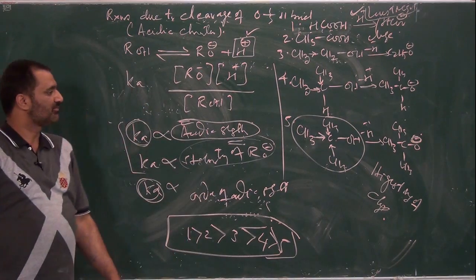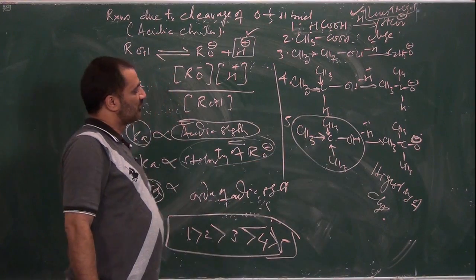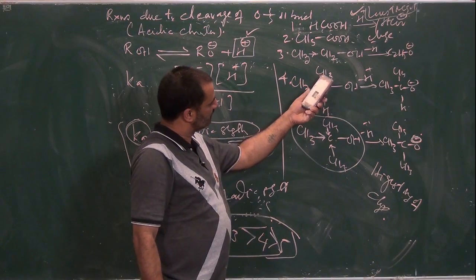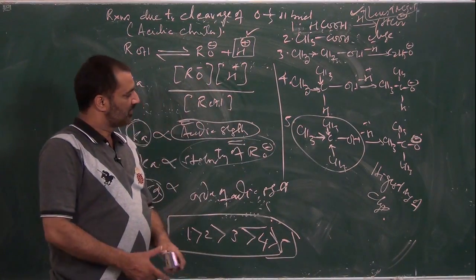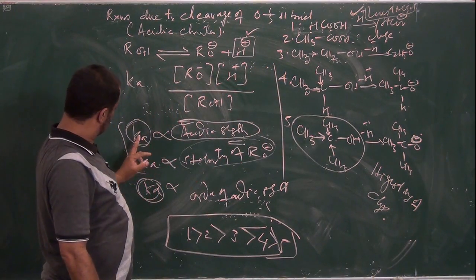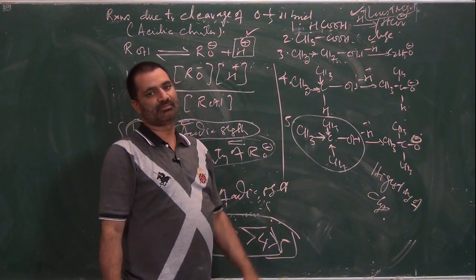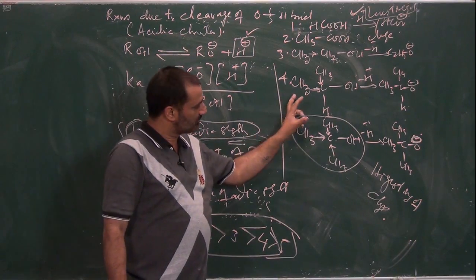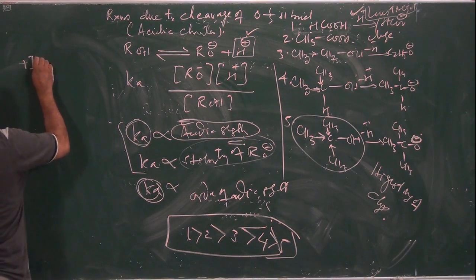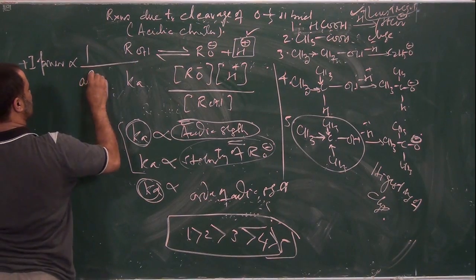So acidic strength depends upon the plus I effect. The higher the plus I power, the lower the value of Ka, and the lower the strength of the acid. So plus I power is inversely proportional to acidic strength.